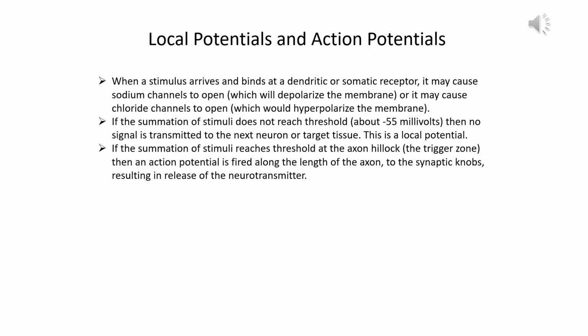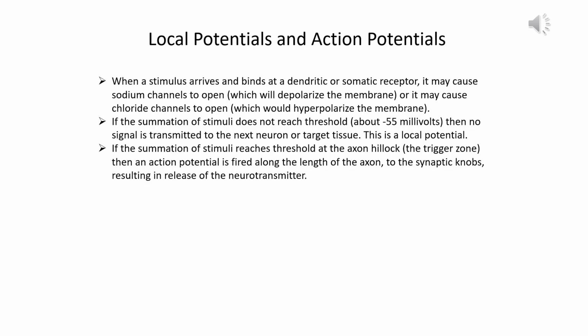If we can bring a depolarization, that is going towards zero from minus 70. So from minus 70, by the time we get to the trigger zone, we need to still have at least a minus 55. So that's a depolarization of 15 points. That would be threshold.